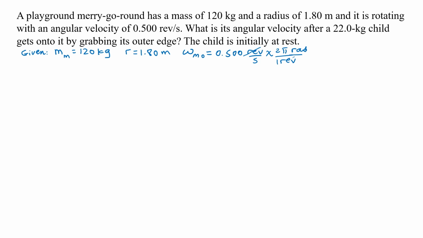Revolution cancels out with revolution, so we are left with 0.5 times 2 pi radian per second. That is equal to 3.14 radian per second.